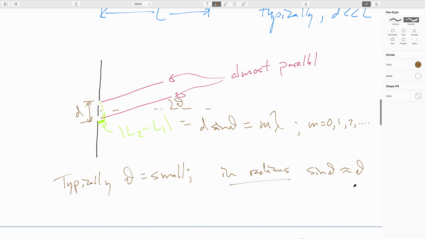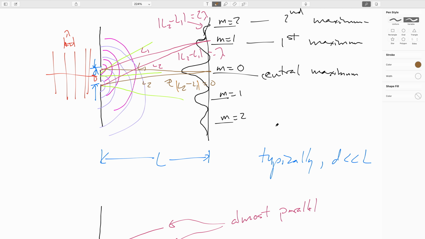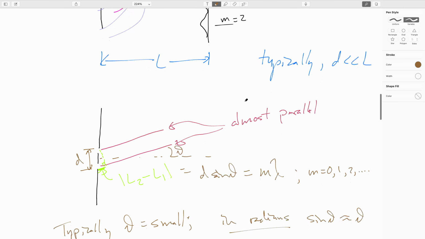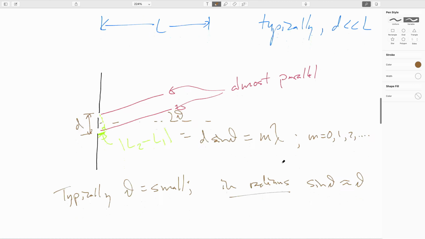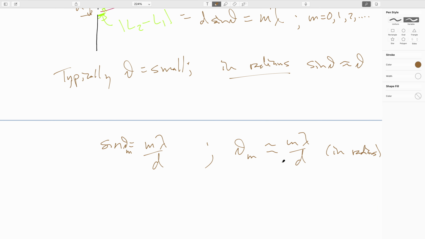By the same token, if we go back here and say that the distance from the central max to whatever max we're interested in, so this would be y, and this would be y2, for instance, we can locate those by saying that's going to be a tangent there. We can say that ym would be equal to L tangent theta. But again, in radians, tangent theta is also approximately theta itself as long as the angles are really small.